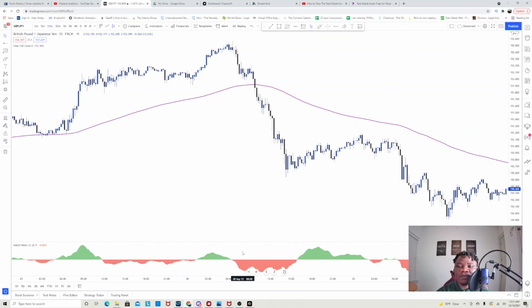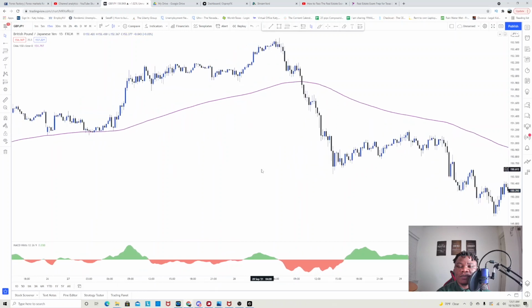That's our final confirmation. But before we get in, we need to look for our support zone. When you're taking a sell position using support and resistance, when price breaks and closes below your support zone, that's an indication that price is probably heading down. We're probably in a downtrend now, so that's why you need support and resistance.